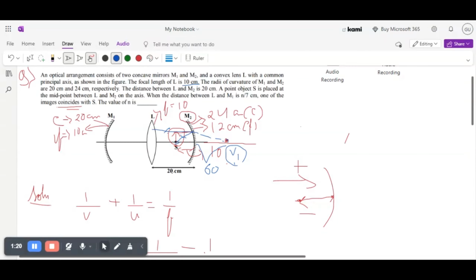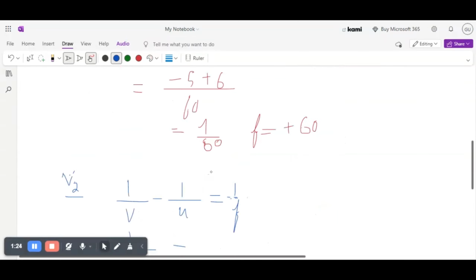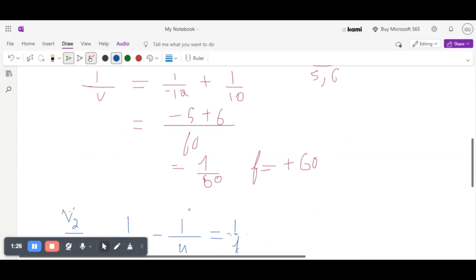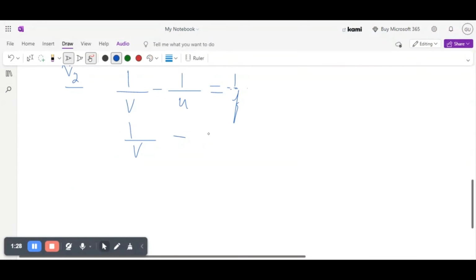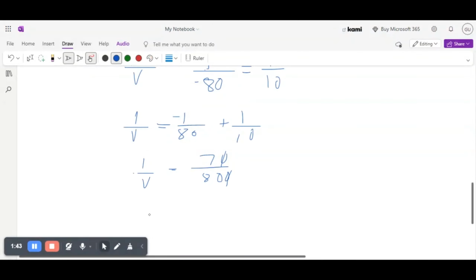So the object distance for the lens L is 80 centimeters. Abiding by the sign convention, we have to take minus 80. And focal length we know is 1 by 10. Let me do the calculation in the background; you also do that. How much are we getting V to be? V is equal to 80 by 7 centimeters.